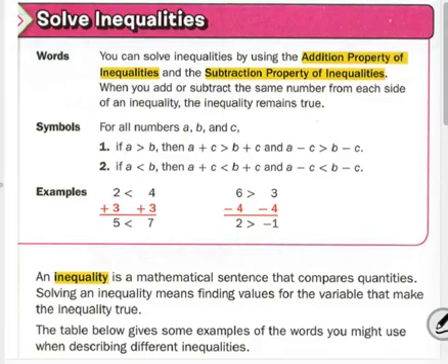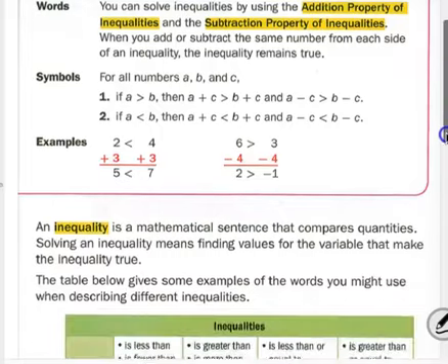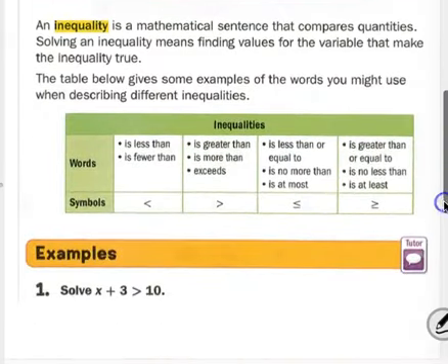Anything you do to one side of an inequality, you must do to the other side to maintain that truthfulness behind it, or else it falls out of balance and the whole thing doesn't work anymore. An inequality is a mathematical sentence that compares quantities. Solving an inequality means finding values for the variable that make the inequality true. The table below gives some examples of the words you might use when describing different inequalities.